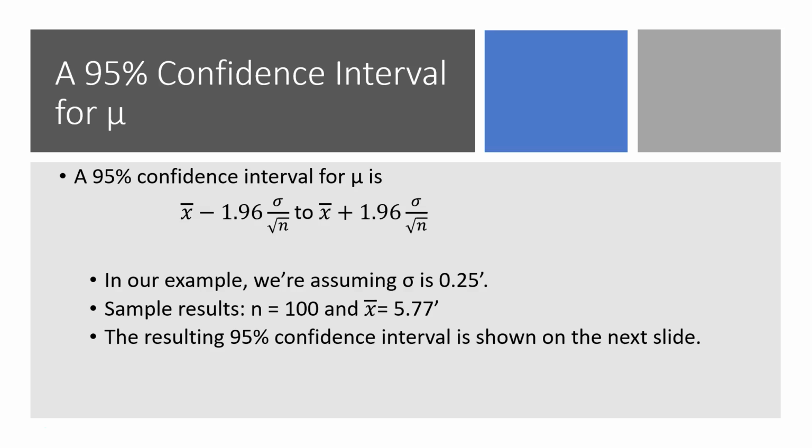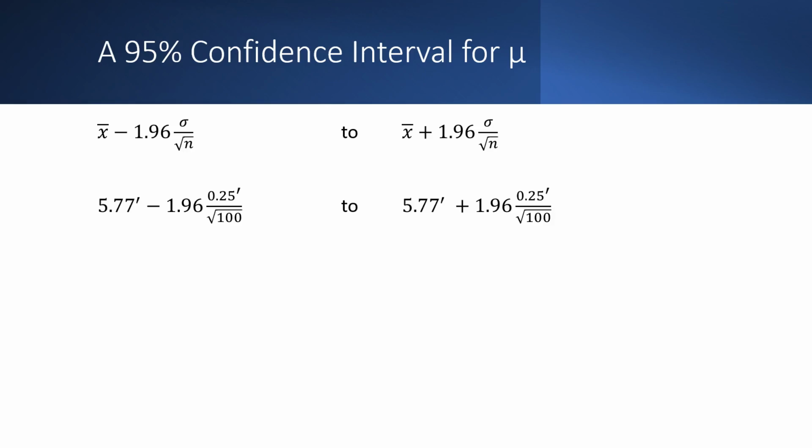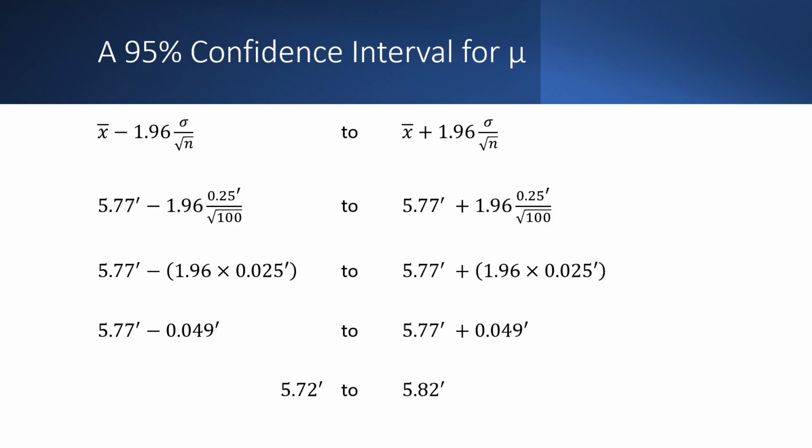So in our example, we're going to assume that the population standard deviation is 0.25. And our sample results are 100 observations with a sample mean of 5.77 feet. We end up with a 95% confidence interval of 5.72 feet to 5.82 feet.